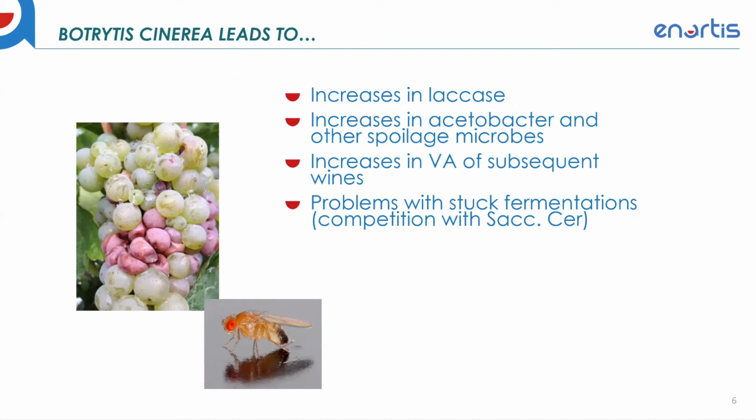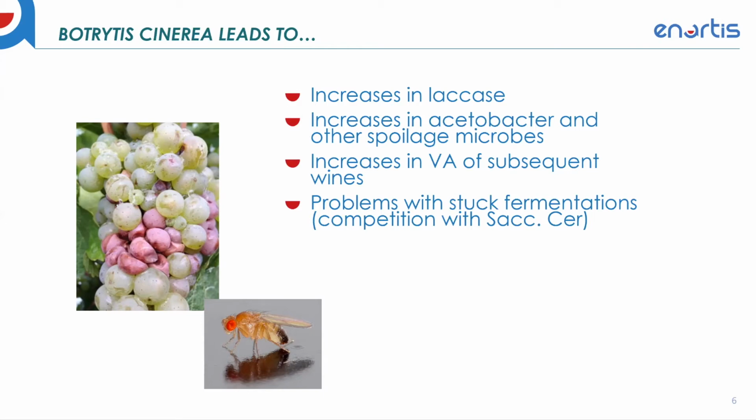But just know that in the case of botrytis, it can lead to some difficult situations that involve fruit flies and cycling of fruit flies and acetobacter. And so what we can end up with is a lot of microbes on the fruit. And so when we bring that fruit into the winery, we're starting with a situation where we have very high microbial loads in the fruit.